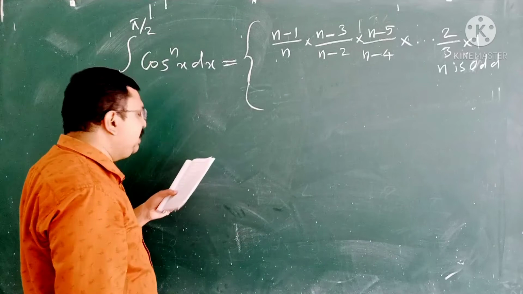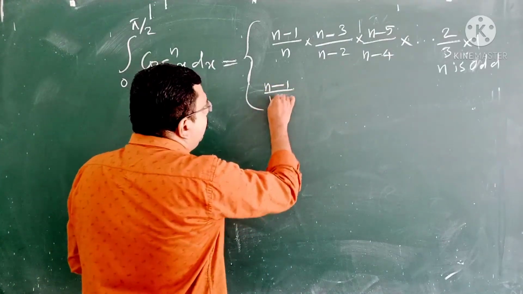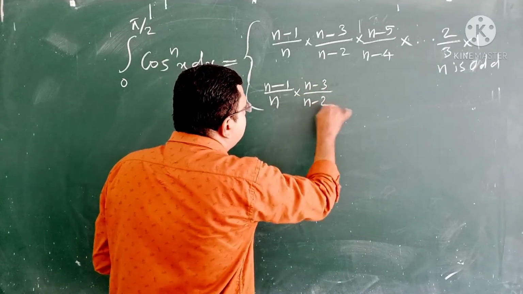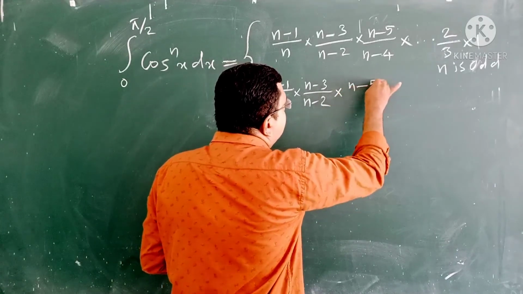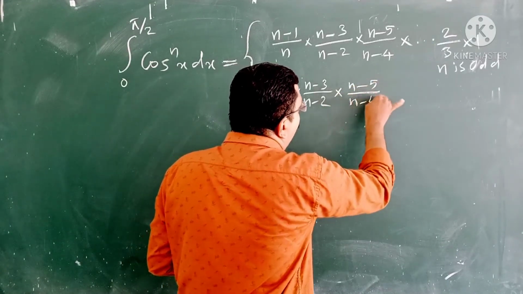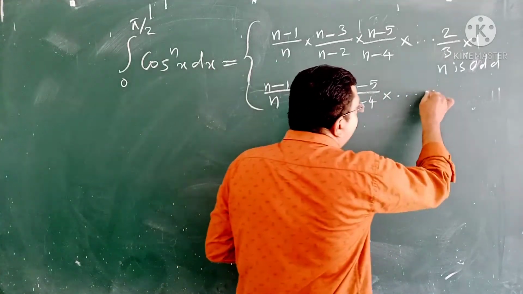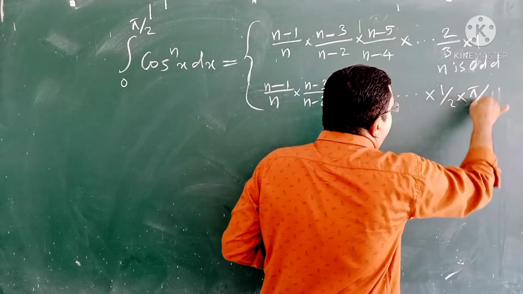And the second condition is n minus 1 by n into n minus 3 by n minus 2 into n minus 5 by n minus 4 into etc., into 1 by 2 into pi by 2.